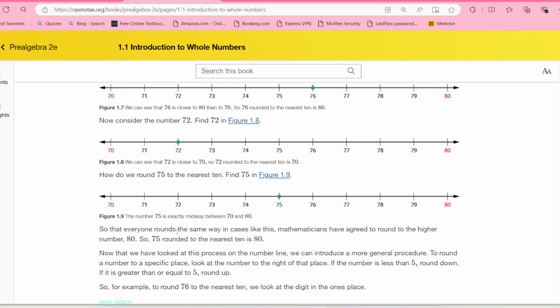So that everyone rounds the same way in cases like this, mathematicians have agreed to round to the higher number, 80. So 75 rounded to the nearest 10 is 80. Even though it is just as close to 70, that will be the standard: 5 or greater, the midway point, we will round up.